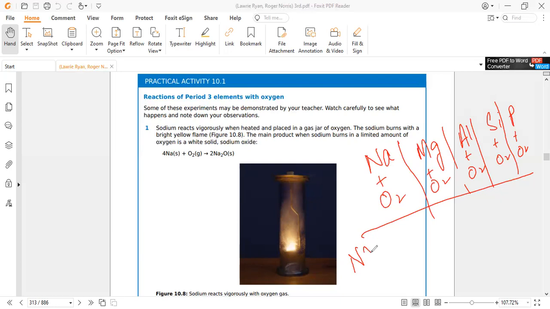Sodium is in group 1, so sodium oxide forms. Similarly, magnesium oxide, aluminum oxide, silicon oxide, phosphorus oxide.